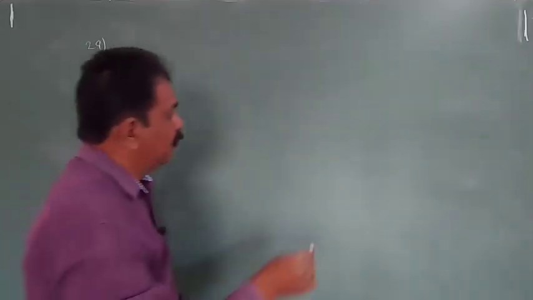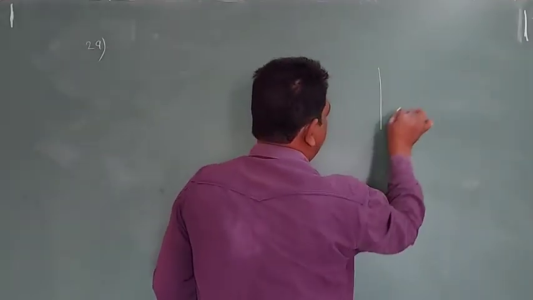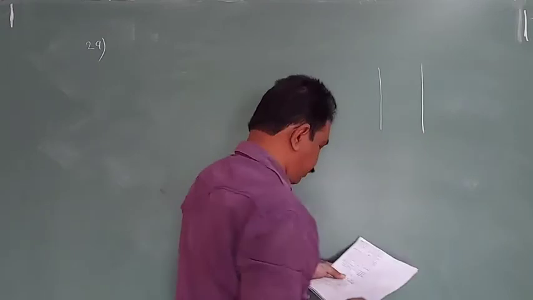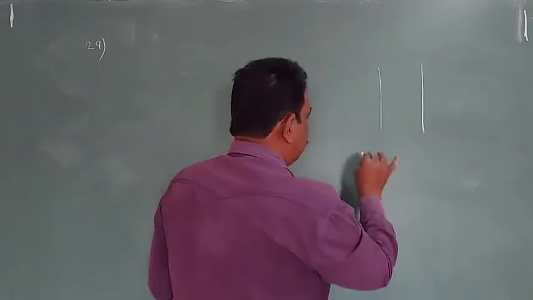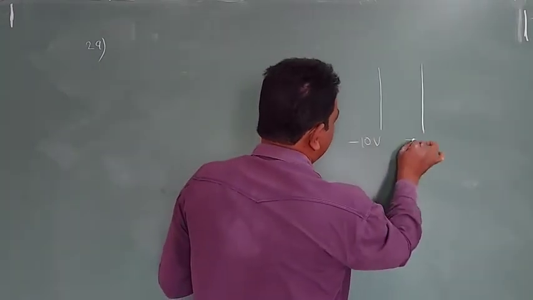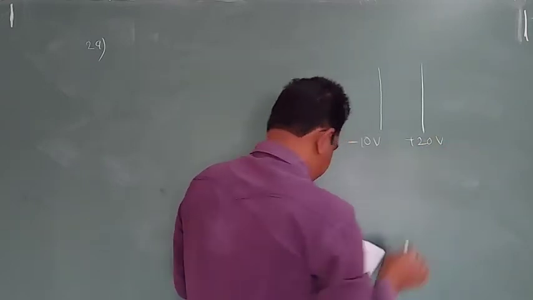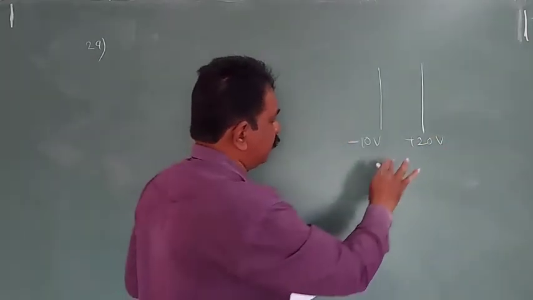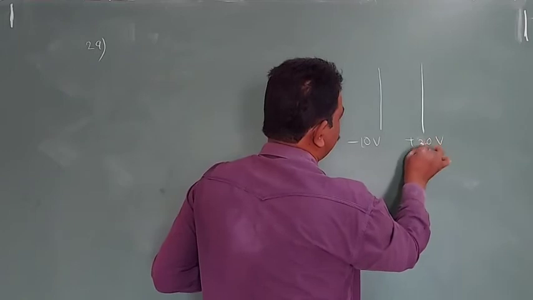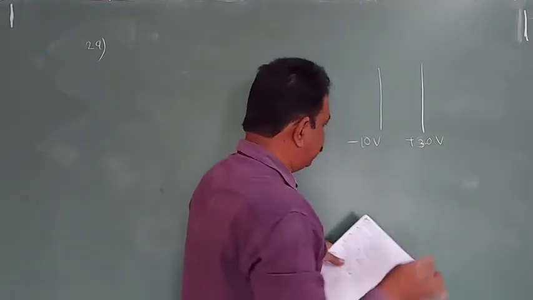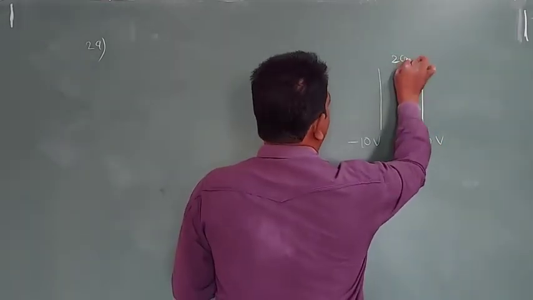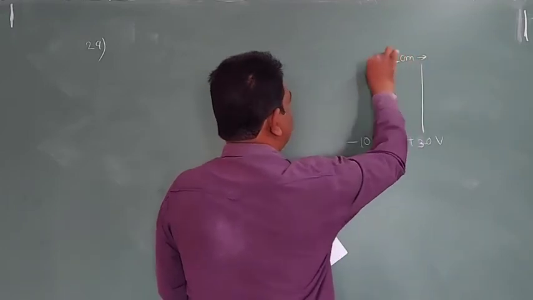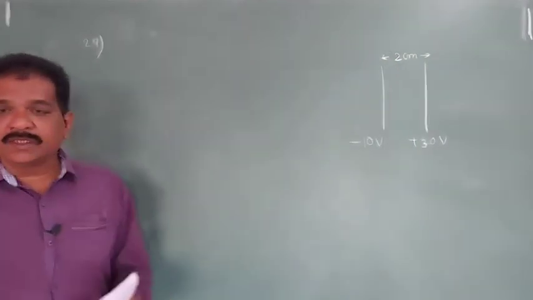This is one metal plate, this is another metal plate, this is minus 10 volt, this one plus 30 volt. The distance between these two will be 2 centimeter. What is the electric field between them?